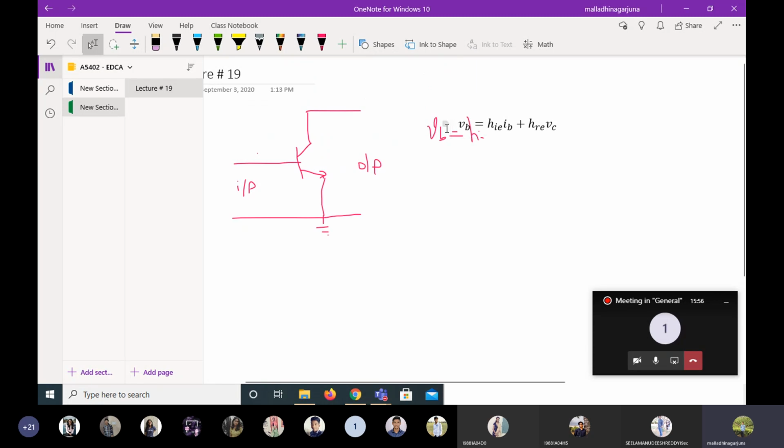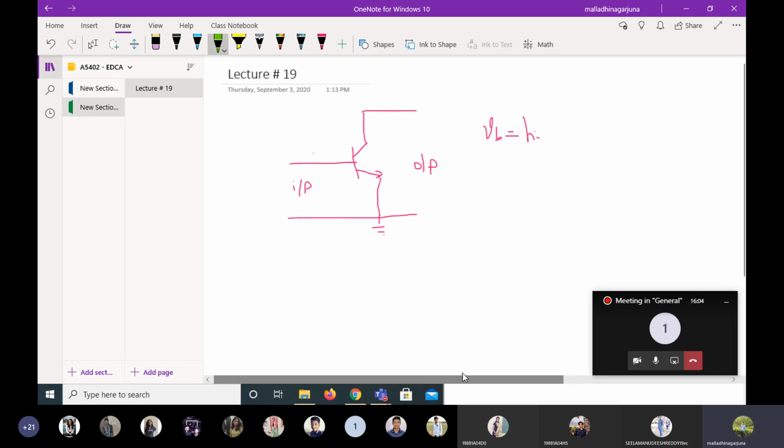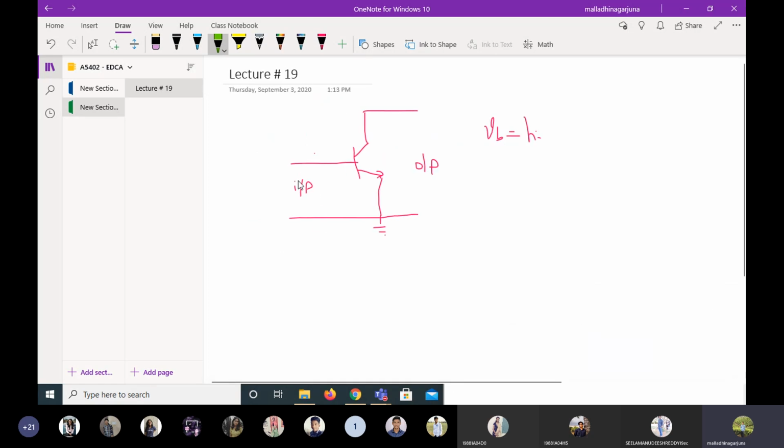So this is my CE amplifier. The input is the base terminal, the output is the collector terminal, and this is the emitter terminal. So it is the common emitter configuration.